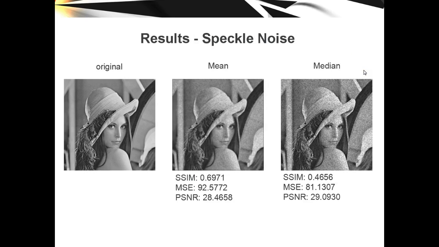And the last is the speckle noise. So you can see the mean: there is not so much noise here, but it looks a little blurry. Next is the median, with a lot of noise. Then Gaussian low pass, Wiener, BM3D and wavelet. The BM3D here looks good, but there is still noise here, and the picture looks blurry, and the SSIM value is 0.6642.